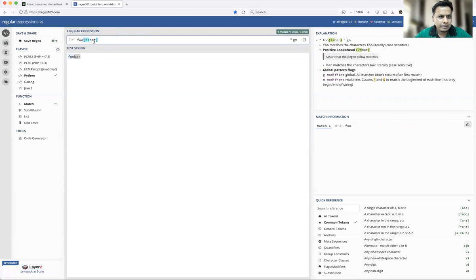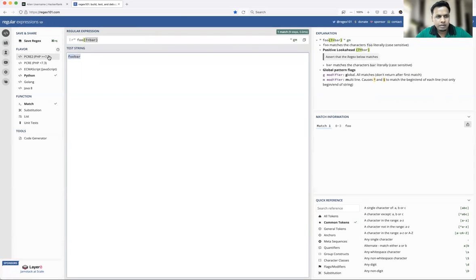You write the pattern here. It means after foo I should have bar. It is not going to consume that bar word, but it is going to look whether bar is present or not right after foo. If it is not present, it is not going to match. See here, I've given this condition. Bar is there, that's why foo is highlighted.